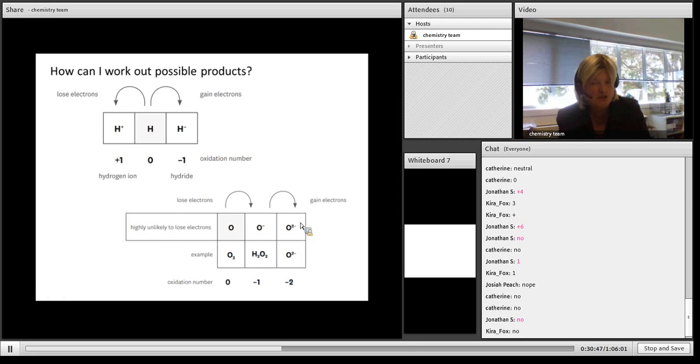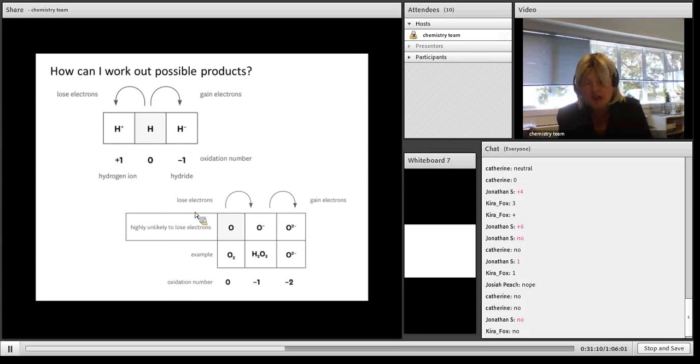But that is an option it can form, or it can gain a maximum of 2 electrons. So you'll never have oxygen with an oxidation number of -3 or -4, because it can't gain any more. And as I say, you'll never really get oxygen with an oxidation number of +1 or +2 or higher, because it tends not to lose electrons.